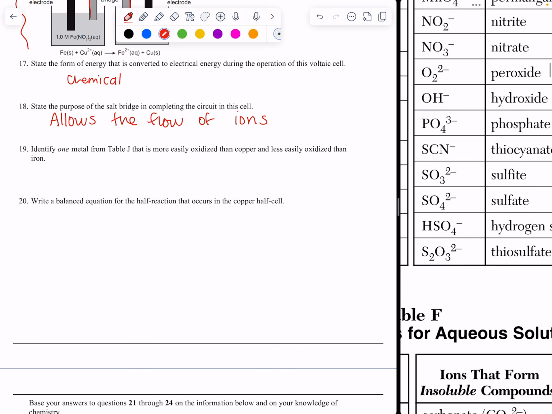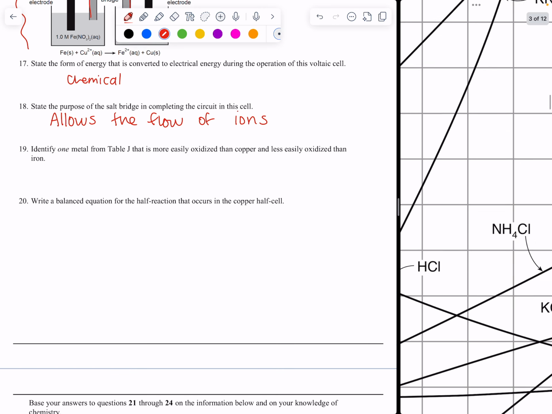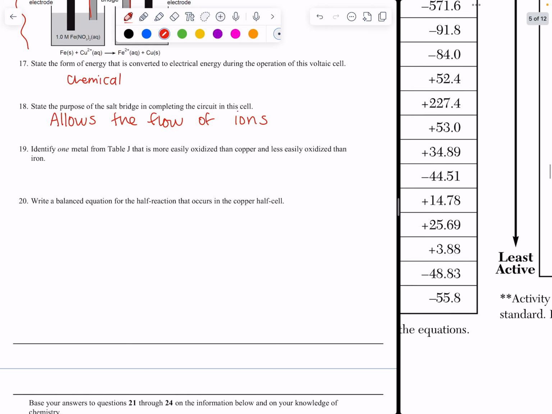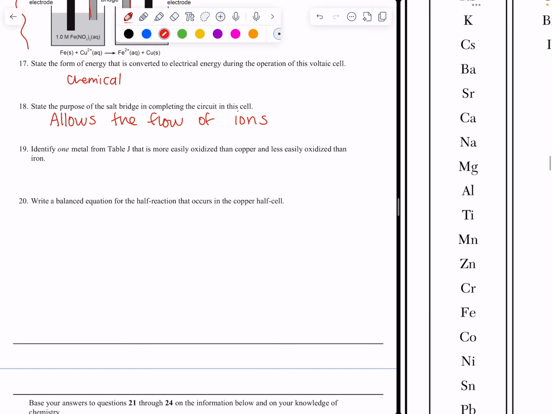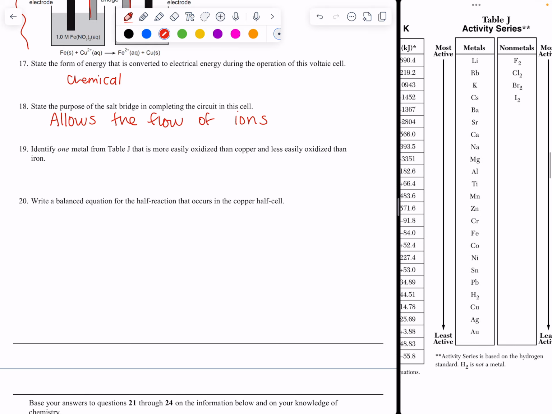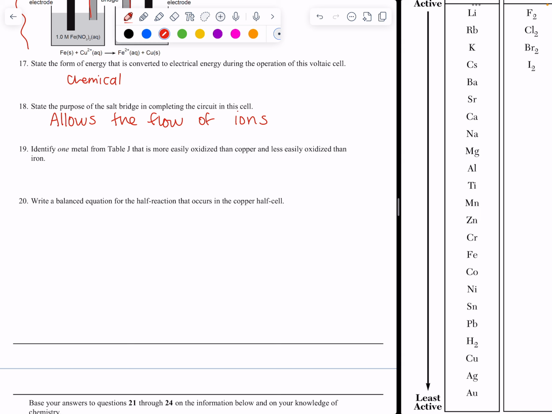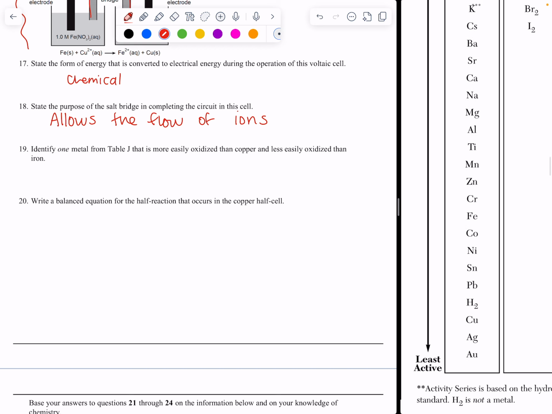Identify one metal from Table J that's more easily oxidized than copper and less easily oxidized than iron. So I need Table J to help me with this. I'm looking for more easily oxidized than copper and less easily oxidized than iron. So I'm trying to find copper and iron on my table.